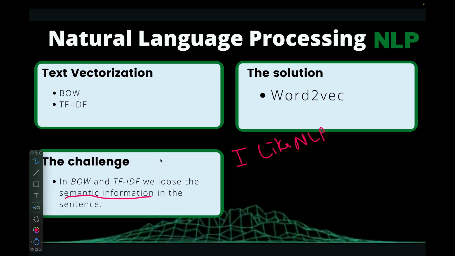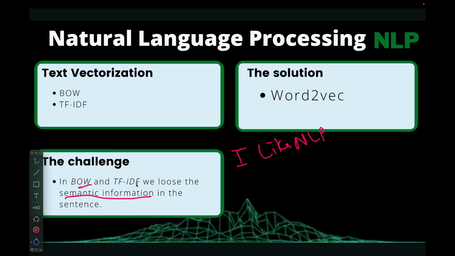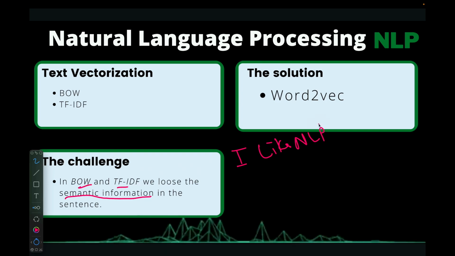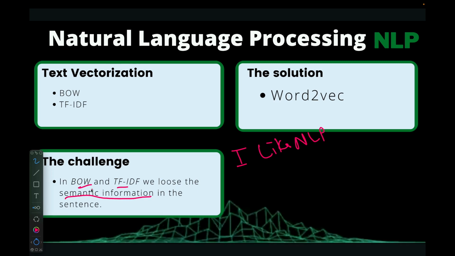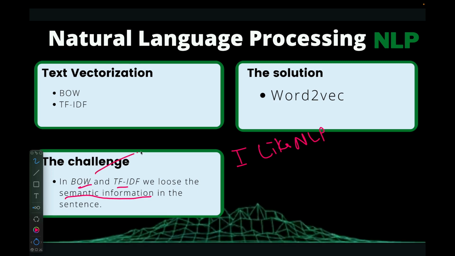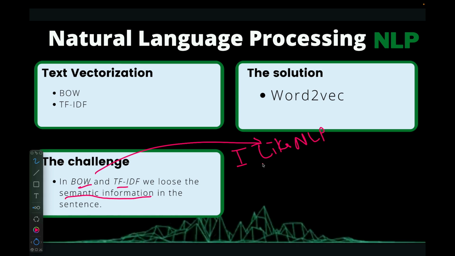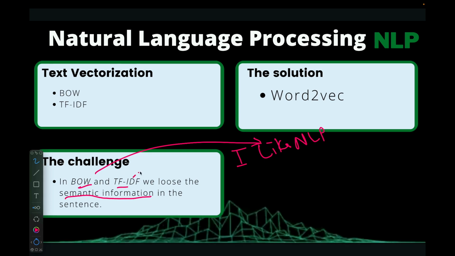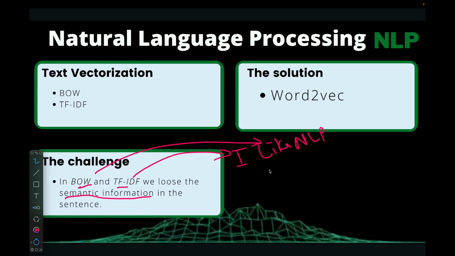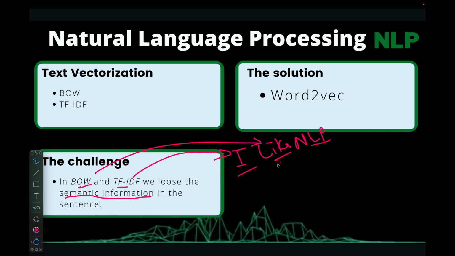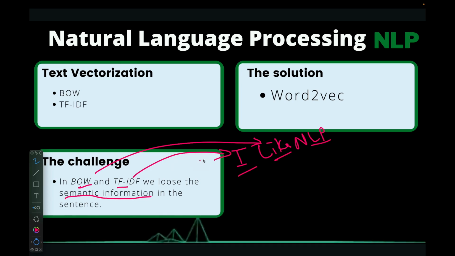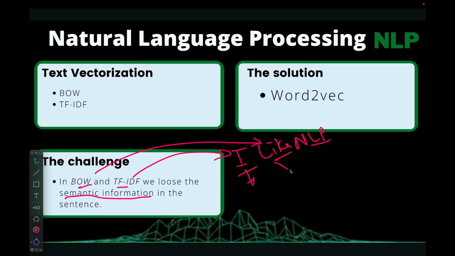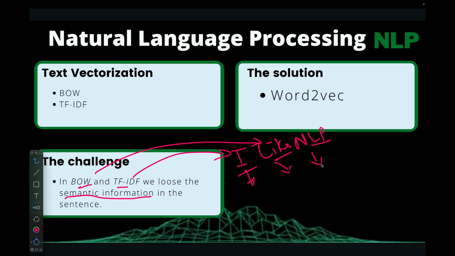For instance, if I have a sentence like "I like NLP," and I'm using either bag of words or TF-IDF, it's going to represent these words with numbers. Bag of words just looks at the frequency of the words, and similarly TF-IDF. So the sequence is not going to matter. All it cares about is how frequently each word appeared.